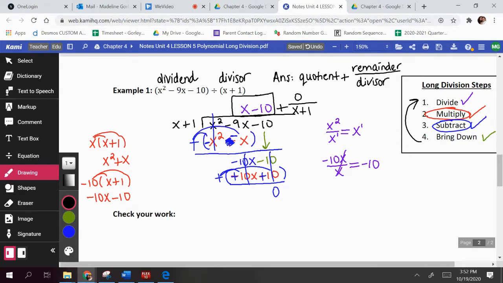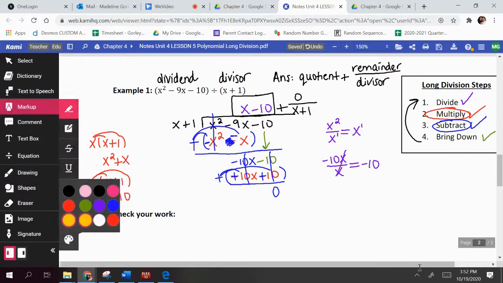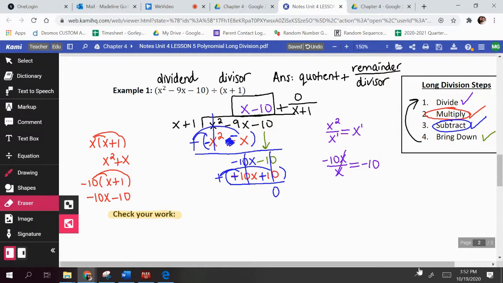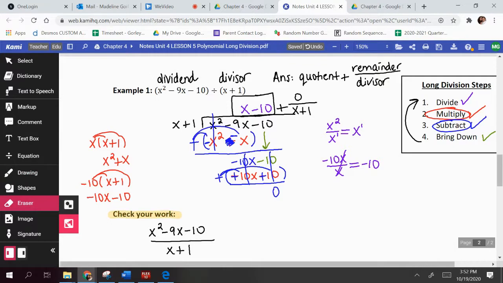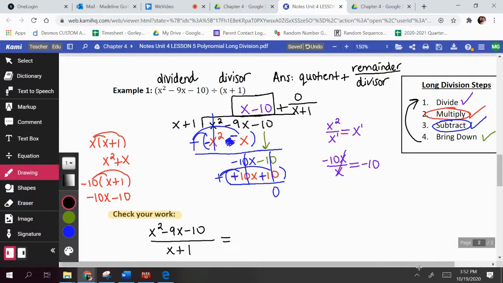Now down here it prompts me to check my work. You have to keep in mind that I just completed x squared minus 10x minus 10 divided by x plus 1. That's what I just did. I took the dividend and divided it by this divisor. And what was my answer? My answer was x minus 10.